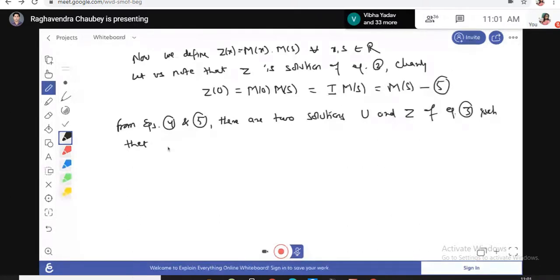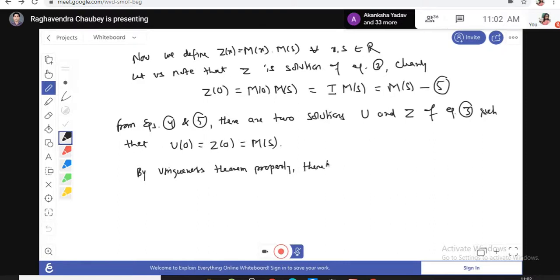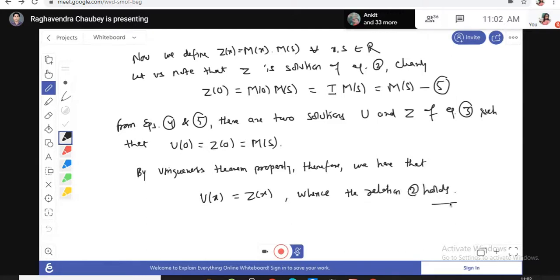So by the uniqueness theorem, we have that both solutions u(x) and z(x) are the same. So that is why the relation holds.